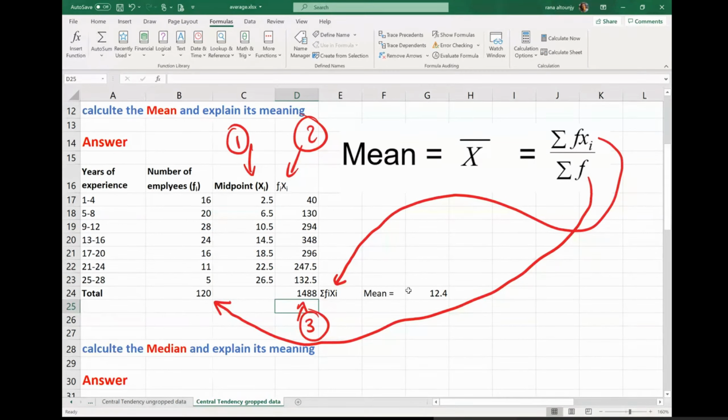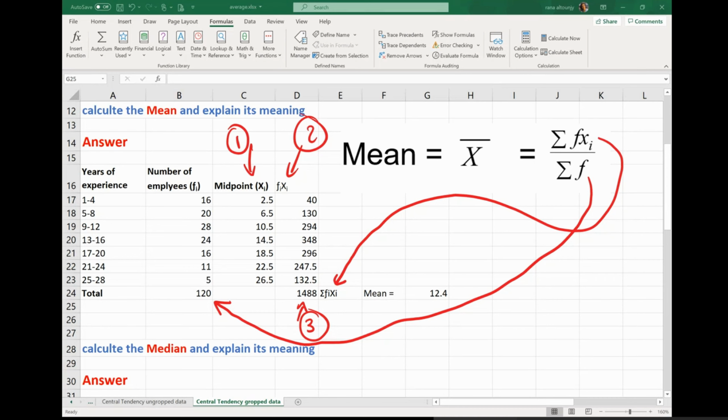So the mean is equal to the sum of FiXi divided by the sum of frequencies, which is 12.04. This is the mean for this grouped data.